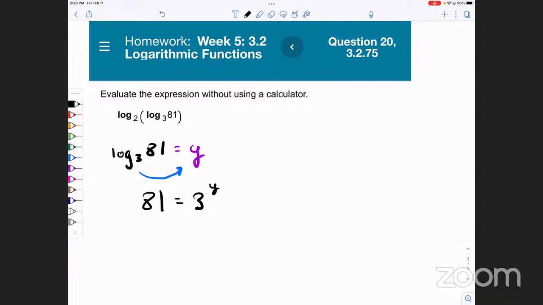So from here, we want to see, can we write the left-hand side as a similar exponential expression with the same base? So I think we could say 81 is 3 to the power of 4, right? Because 3 times 3 is 9, 9 times 9 is 81. So then these two exponential expressions are equal to each other if and only if the exponents are equal, namely y equals 4.